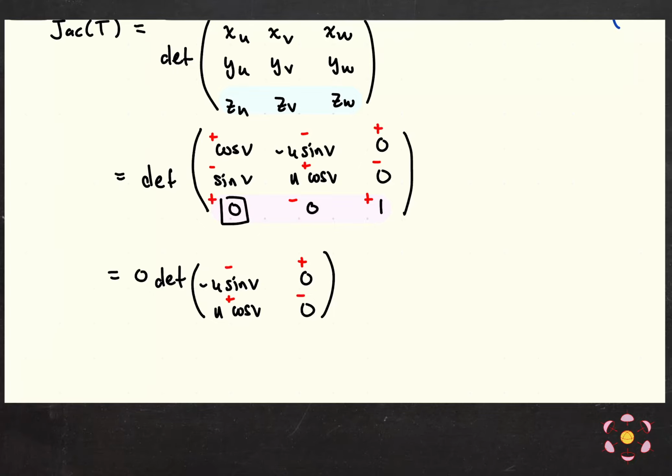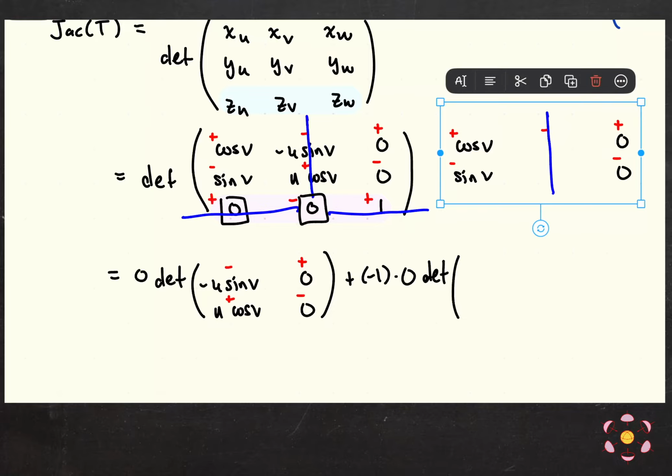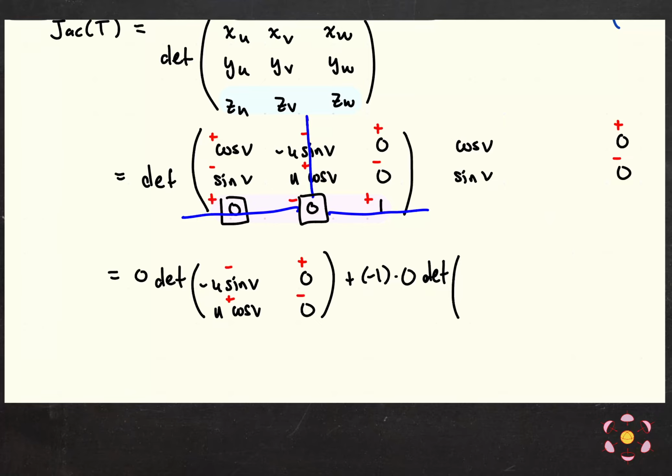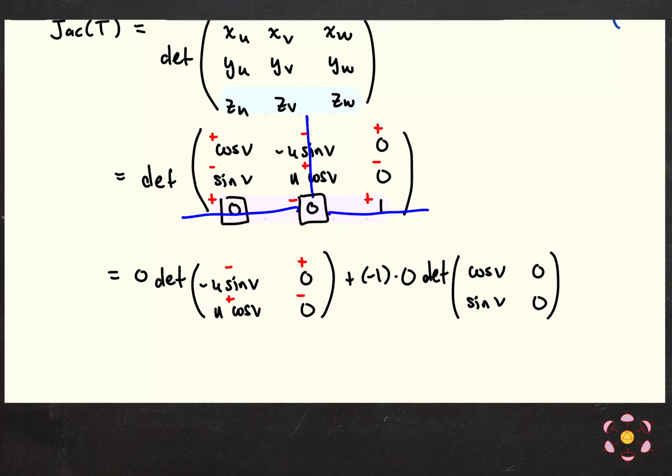Then we're going to have a plus, a negative 1 times 0. And now I expand along this. To do that, I'm going to cross out the last row and cross out the middle column. So this gives me a determinant of that 2 by 2 matrix.